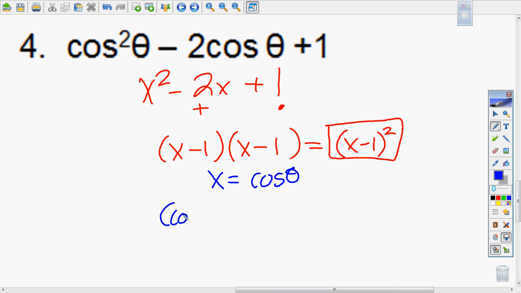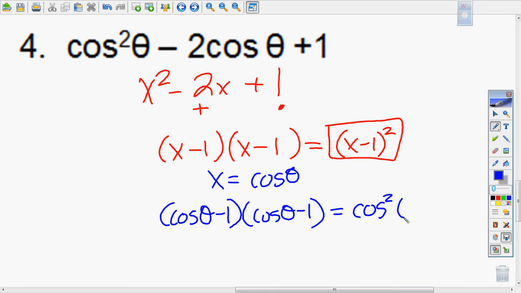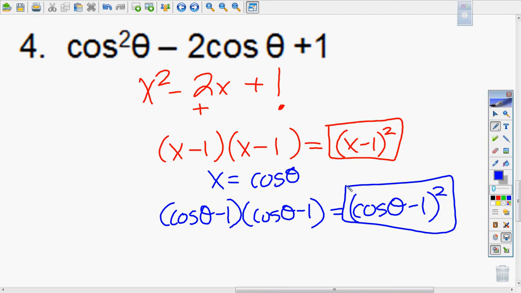So it would be cosine theta minus 1 times cosine theta minus 1. And so that means it condenses down to cosine squared theta minus 1, I didn't even write the square there. And that would be the trig answer.